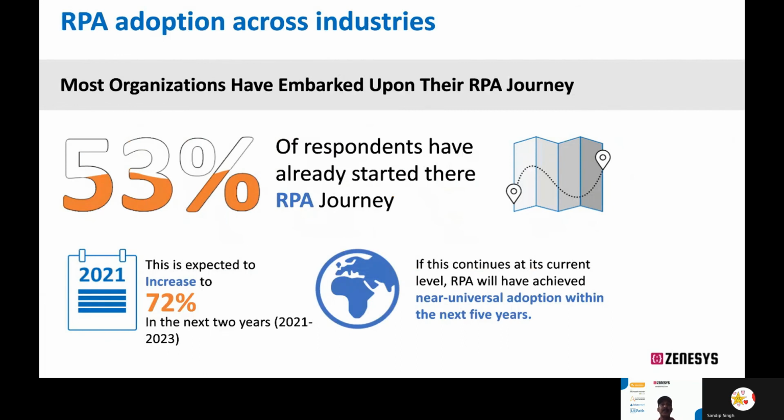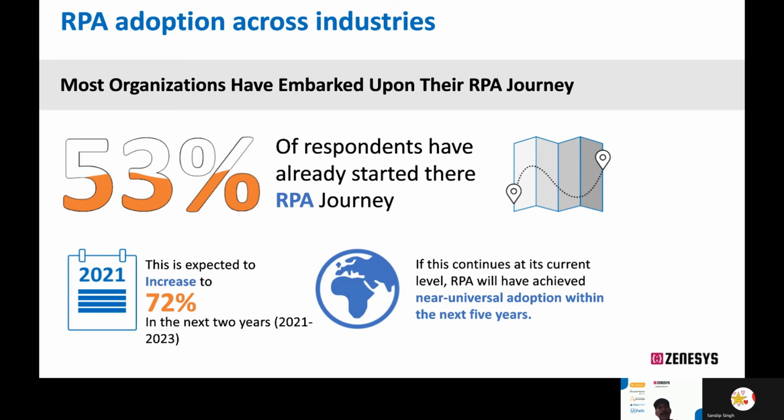Now with this, let me talk about RPA adoption across the industries. As per one survey, most enterprises were asked if they are already on their automation journey, or if they are willing to start. So 53% of the organizations responded they are already on the curve, and they are already in the process of applying process automation to automate their processes.